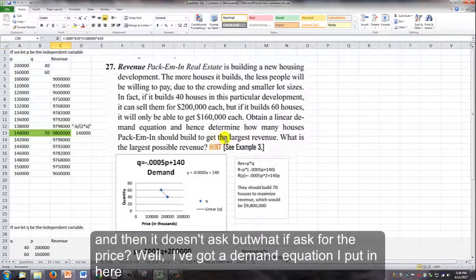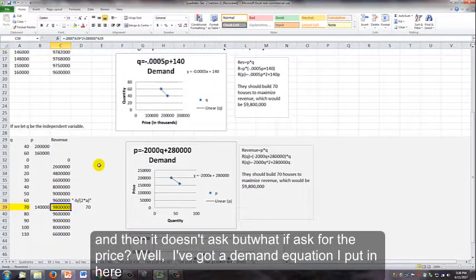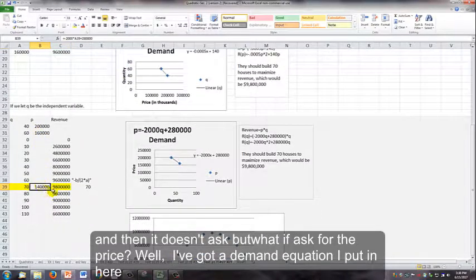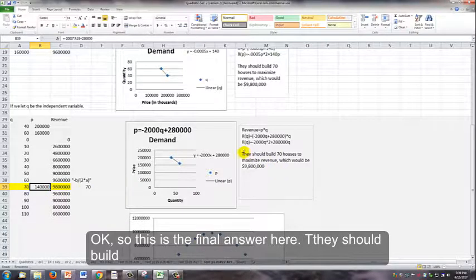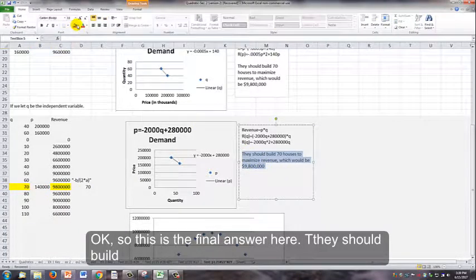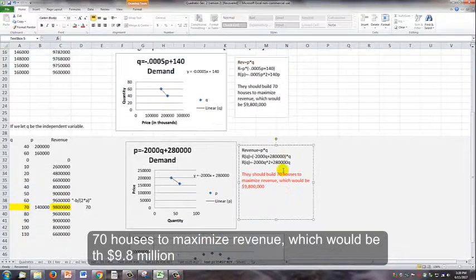And then it doesn't ask, but what if it asks for the price? Well, I've got a demand equation I put in here that if I know the quantity, I know the price, so I put that in there, and this would be the price, 140,000. Okay, so this is the final answer here. They should build 70 houses to maximize revenue, which would be $9.8 million.